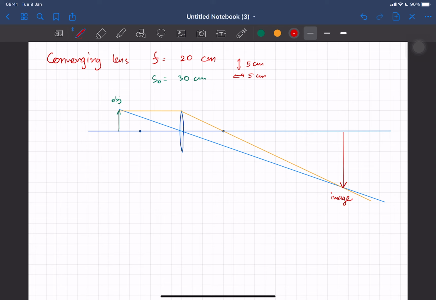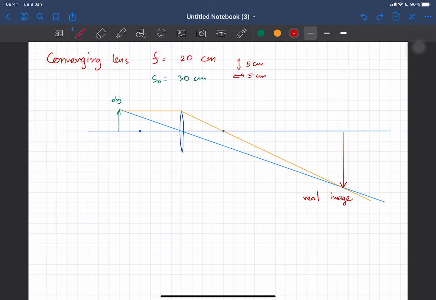And we're going to give a special name for this image. We're going to call it a real image. Because if you put a piece of paper exactly here, you will see the image of the object on the paper. Okay, that's where the light really intersects and converges and meets on this piece of paper. So if you put a piece of paper here, or you put your camera sensor here, you will see an image on the camera sensor or on the paper.